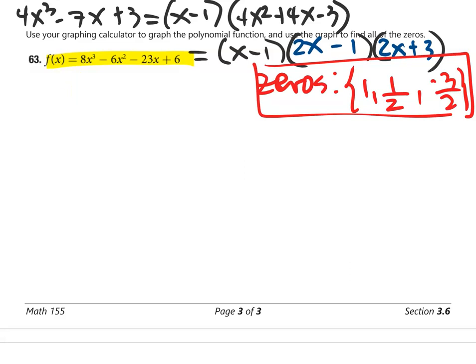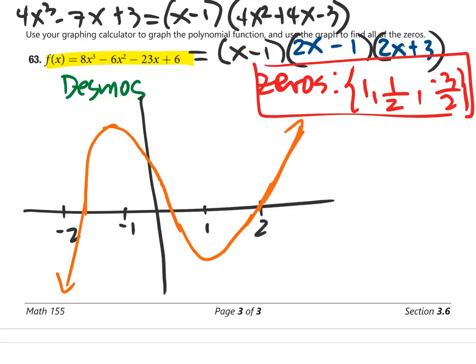Okay, so all you have to do is just enter this 8x cubed minus 6x squared minus 23x plus 6. And you should have something like this. And we need to find the zeros. These are the zeros.